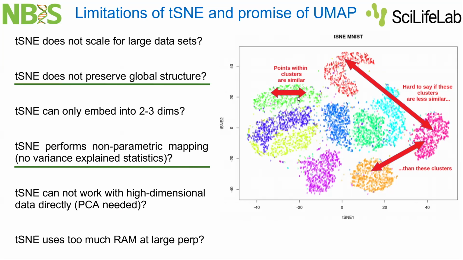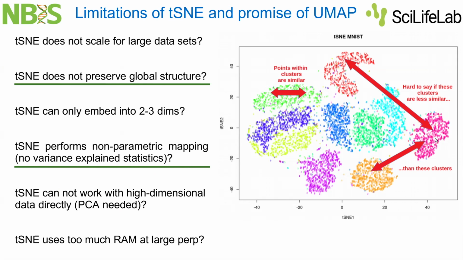t-SNE can't guarantee global structure. So if, for example, on this t-SNE picture, you see that this pink cluster is visually closer to the orange cluster, it doesn't mean that they're actually functionally more similar.